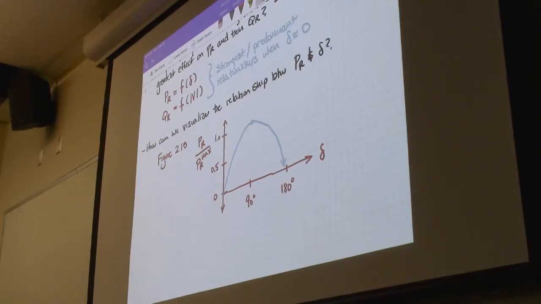Our approximation zone that we are looking at is in here.